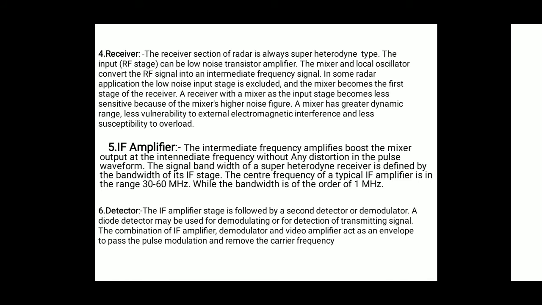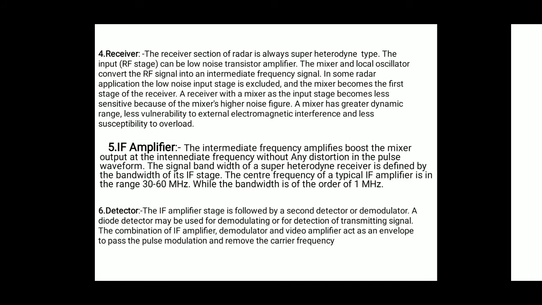In some radar applications, the low noise input stage is excluded and the mixer becomes the first stage of the receiver. A receiver with a mixer as the input stage becomes less sensitive because of the mixer's higher noise figure. A mixer has greater dynamic range, less vulnerability to external electromagnetic interference, and less susceptibility to overload.